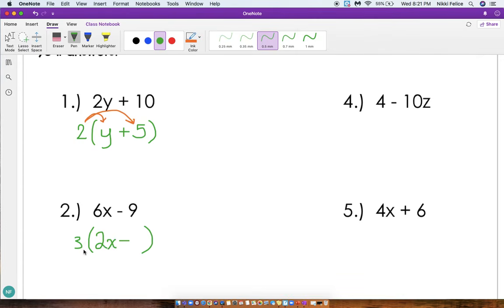And then 9 divided by 3 is 3. So my factored expression is 3 times the quantity of 2x minus 3. And you can use the distributive property to double check that this is correct. 3 times 2x is 6x. 3 times 3 is 9. So perfect. We got it correct.